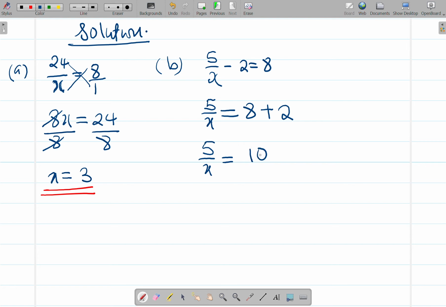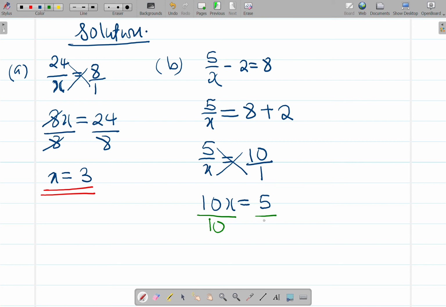We have 10. Now we can make this 10 a fraction as well, so we simply say over 1 there. We can cross multiply, so we are going to have 10x is equal to 5. To remain with x, we divide both sides by 10.